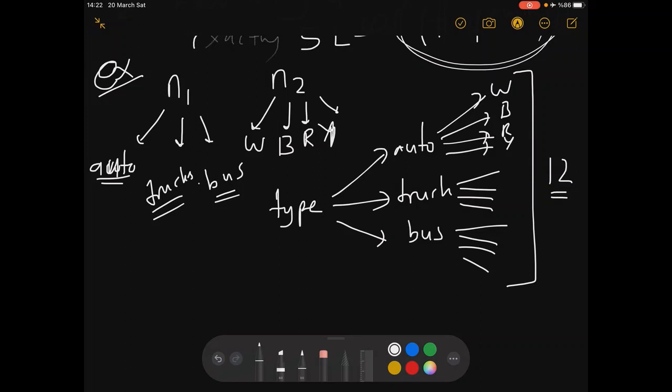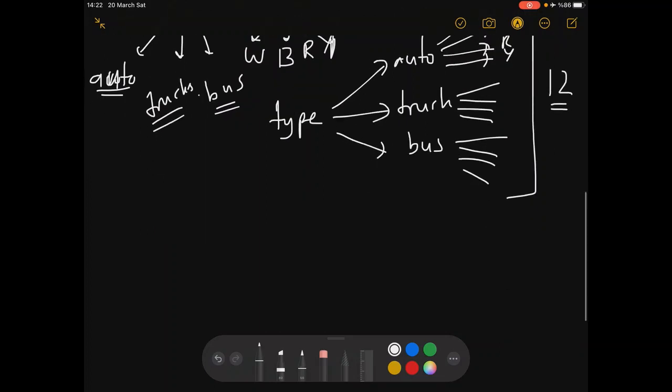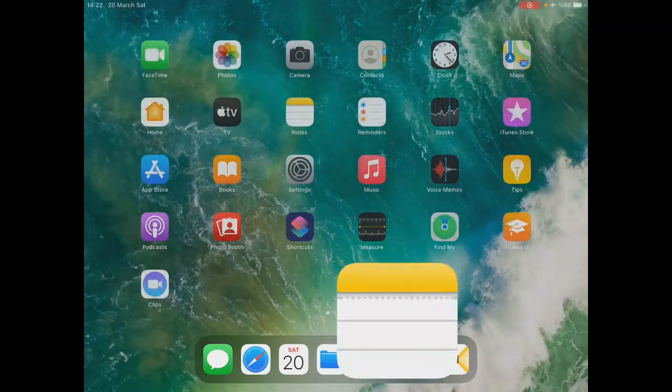This is called the multiplication method, where you multiply them, right? So 3 possibilities here times 4 possibilities here, you will end up with 12. So these are the independent events that can be happening together.